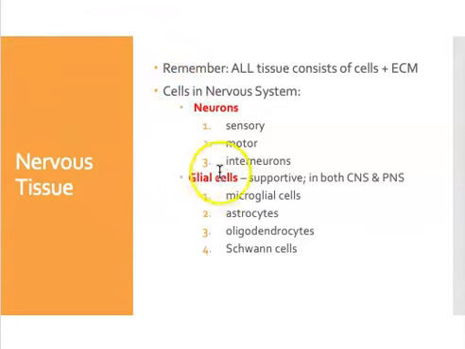Now this word glial, when you translate it, it means glue. Back in the early days when scientists were first investigating the anatomy and the physiology of the nervous system, they actually believed that glial cells were there to simply hold together all of the neurons inside the nervous system.